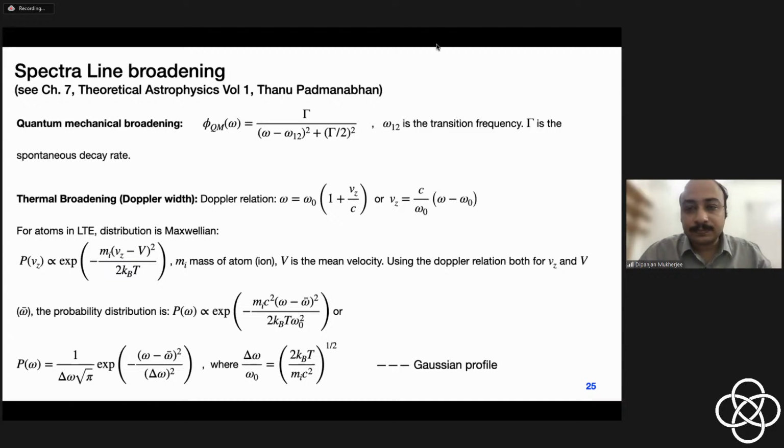I have a question. Sir, as you have explained, if there is a star, the material in that star will emit radiation, and in the spectrum that we obtain there will be some width in that line that may be due to thermal effects and the Heisenberg uncertainty principle. We will get a Lorentzian or Gaussian curve. Suppose there is a star and it is emitting radiation of an Fe line.